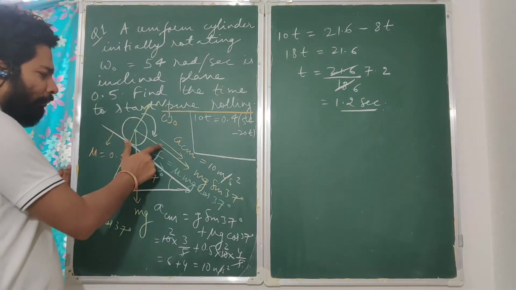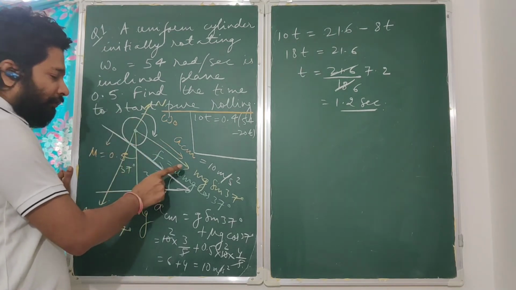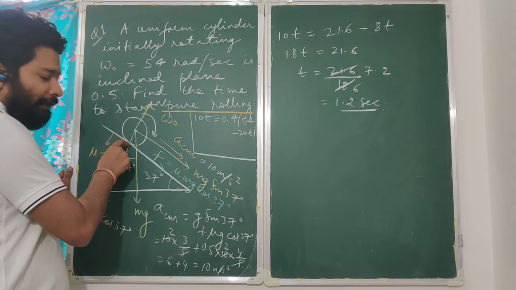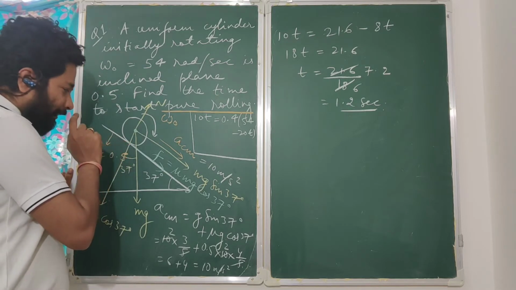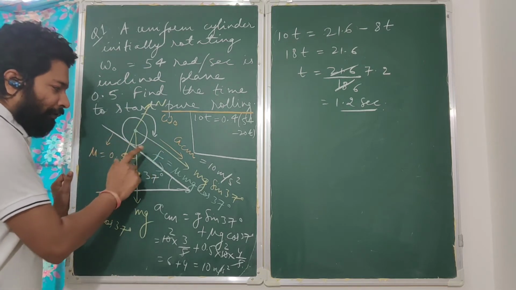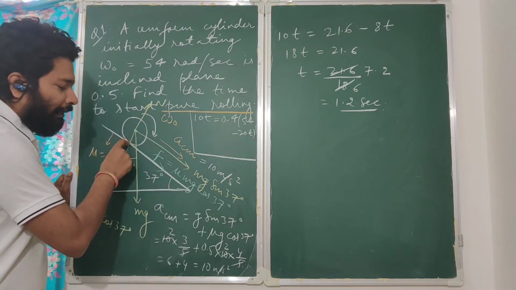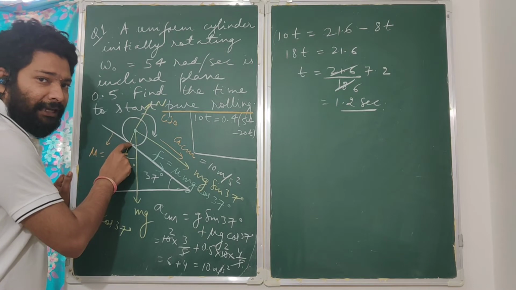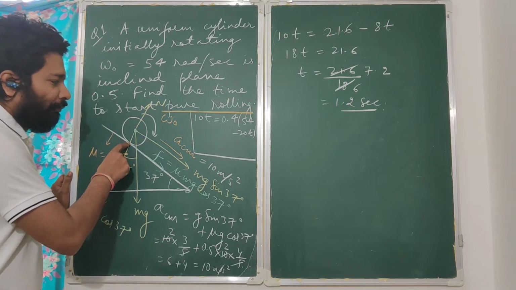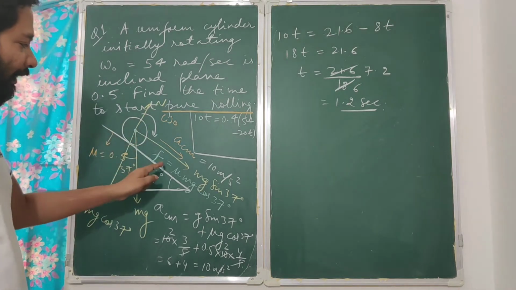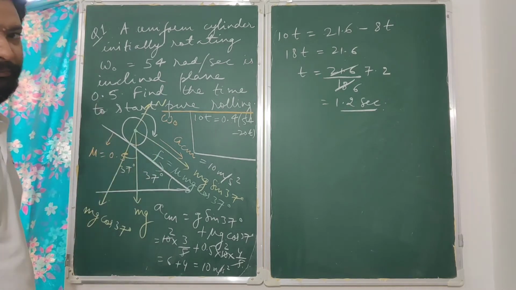Because the ultimate job of this friction force is to bring the point of contact to rest. The role of friction force is that it should stop relative motion. So this instantaneous point of contact must come to rest. And that is possible only when VCM is equal to R omega. And that is exactly what friction is trying to do here.